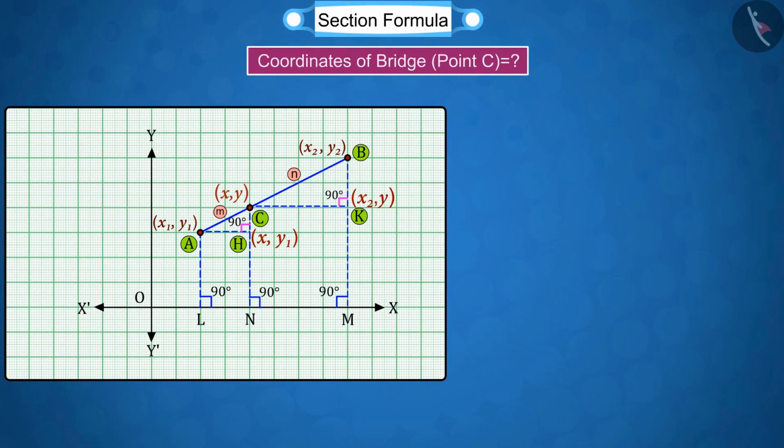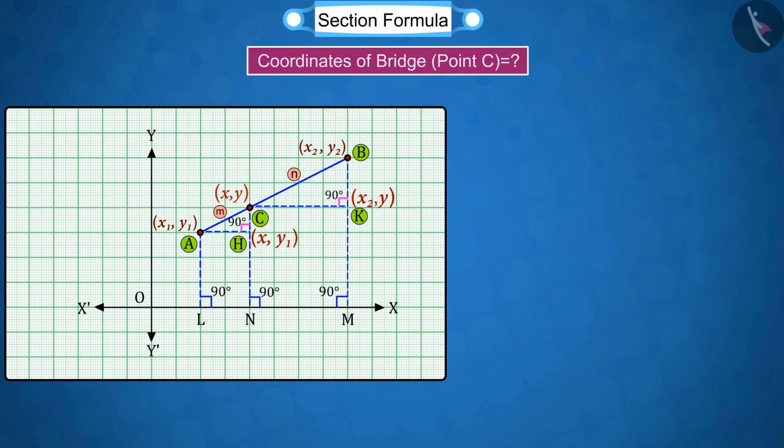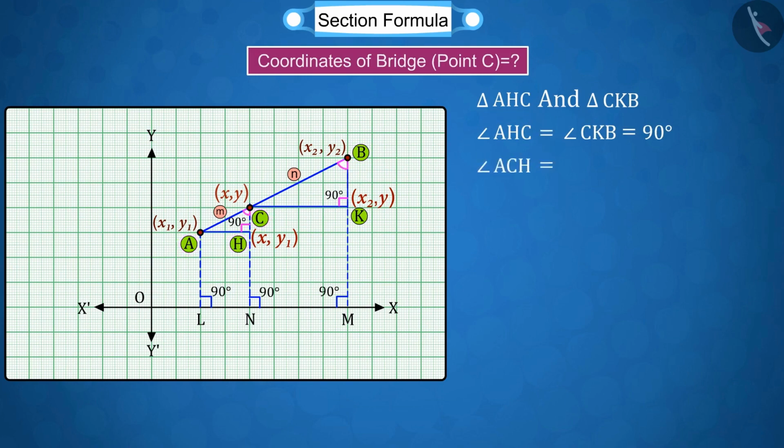Observe carefully and tell how many triangles can you see in this figure. Absolutely correct. Here we have two triangles, triangle AHC and triangle CKB, where angles AHC and CKB are equal to 90 degrees and the angle ACH should be equal to angle CBK because the line segment CH is parallel to BK and AB is a transversal.